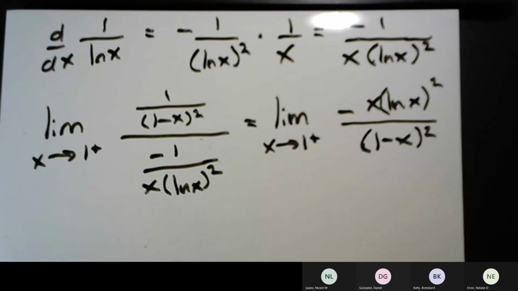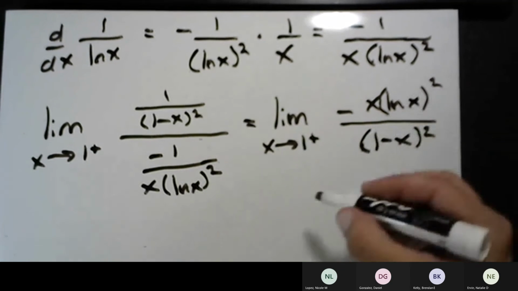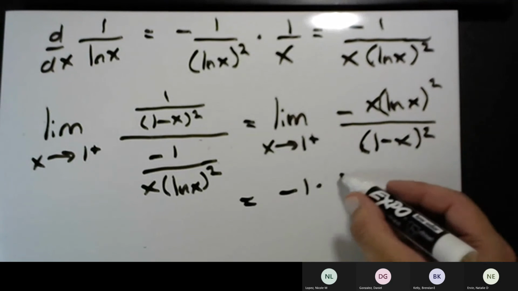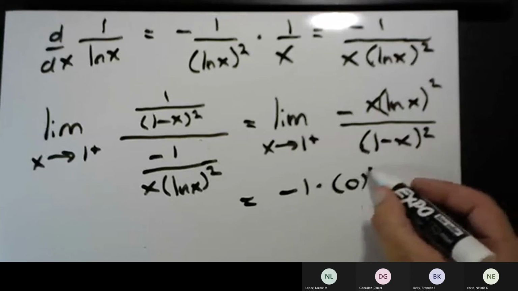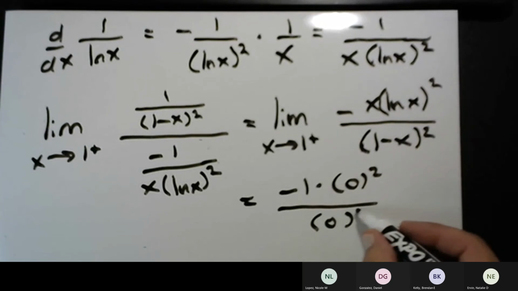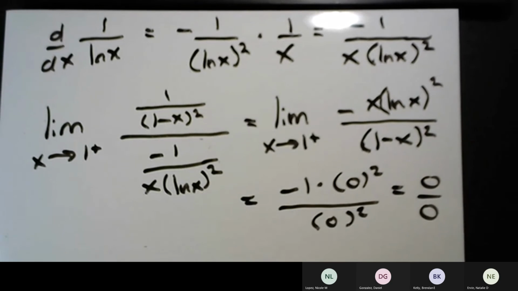So this is not going to make our life any easier, because if we plug in 1, we get negative 1 times 0 squared over 0 squared. So we're still going to get a 0 over 0.